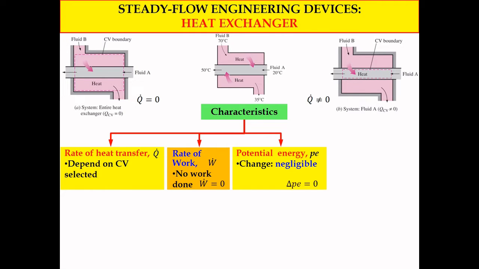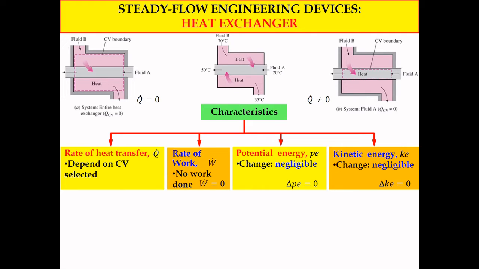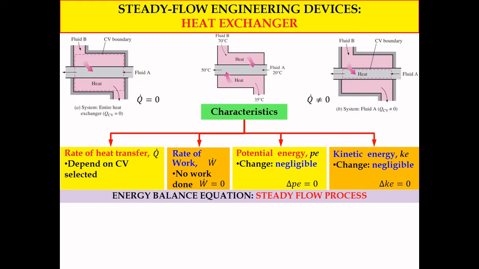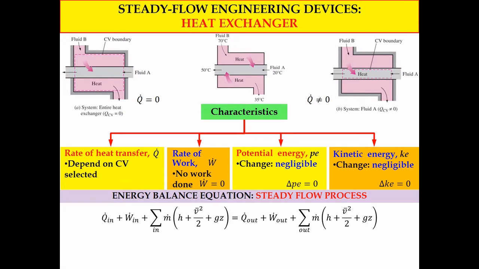For potential energy and kinetic energy change, we can neglect both, where delta PE equals 0 and delta KE also equals 0. Now we apply these characteristics of the heat exchanger to the energy balance equation for the steady flow process. This is the full general energy balance equation for an open system with steady flow process. For the heat exchanger, there is no W in dot and no W out dot due to no work done during the process.